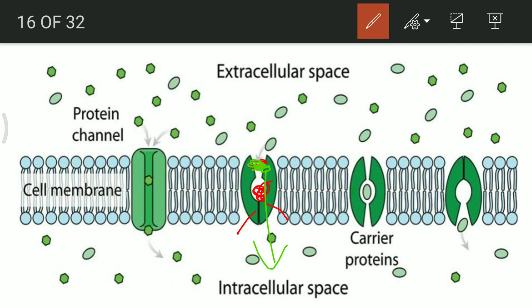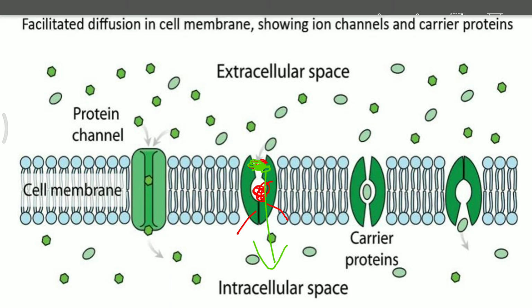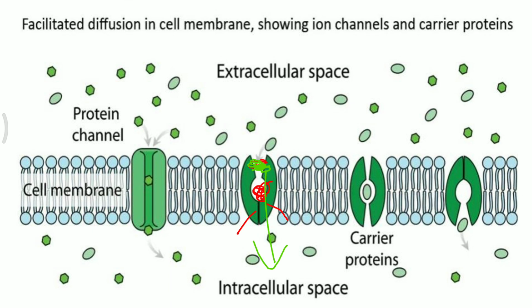Finally, what about the carrier proteins? These carrier proteins carry the molecule and allow it to move inside, and here the shape is changing. So there are various ways by which substances can move inside a plasma membrane, or pass through the plasma membrane, and it is very specific.